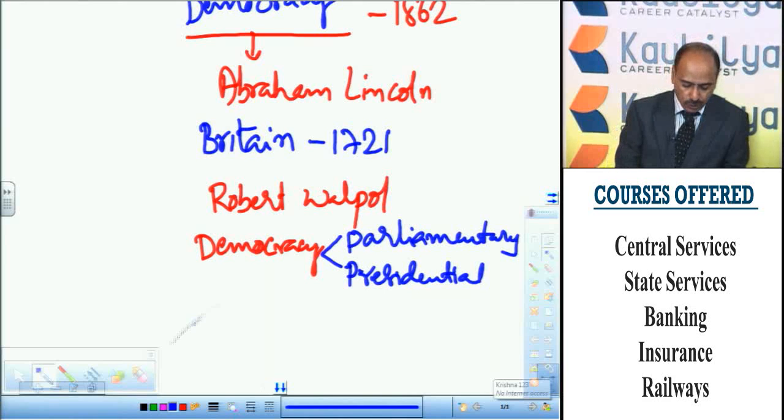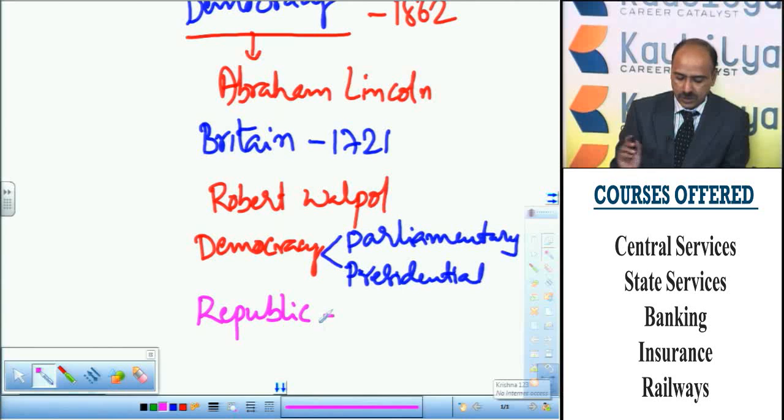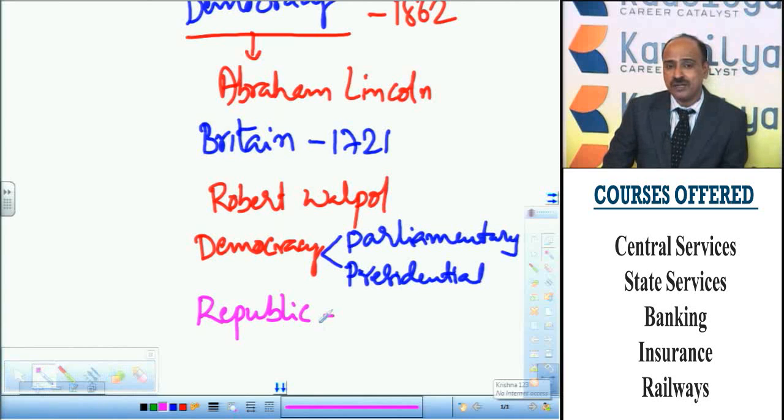Next, we go to republic. Republic means if any country's government head or president is elected by the people, either directly or indirectly, that country is called simply a republic. India is a republic because the Indian president is elected by the people indirectly.